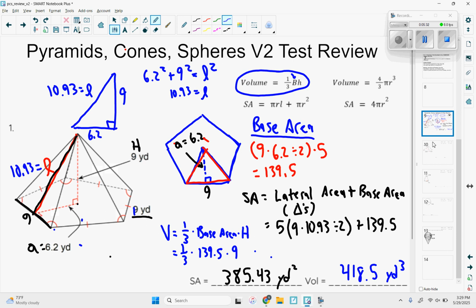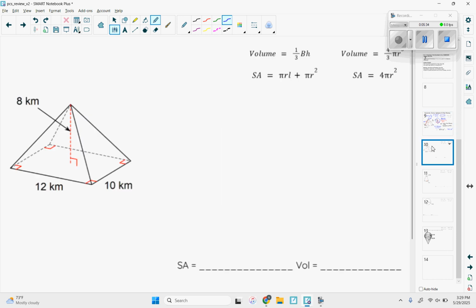So let's try another pyramid problem. This is number 4 on the review packet. Now this pyramid, you're going to notice, is different than the last one. It has a rectangular base here.